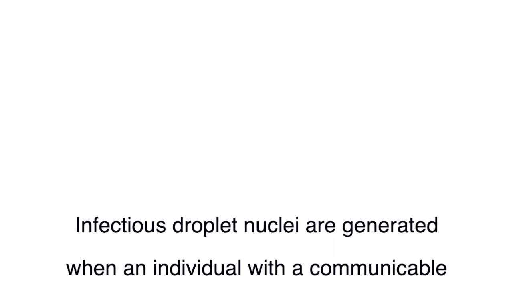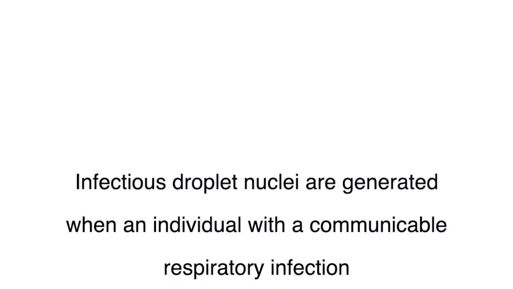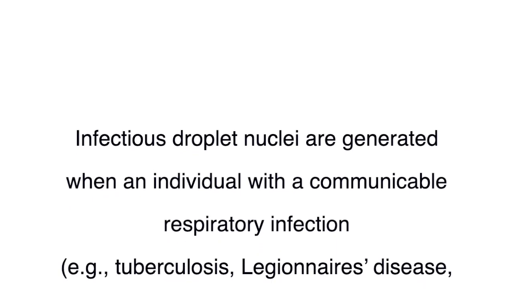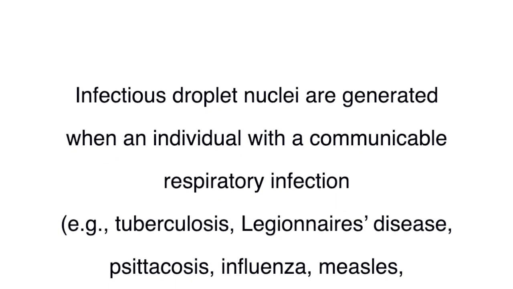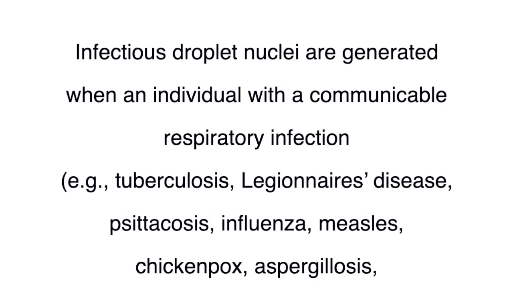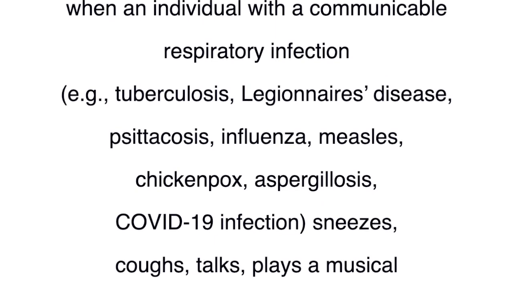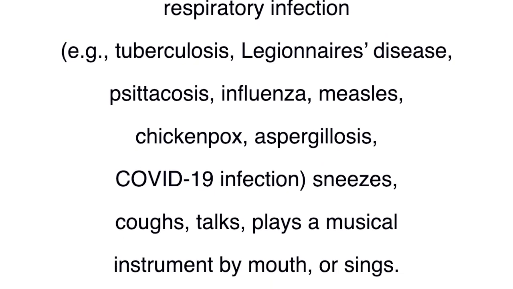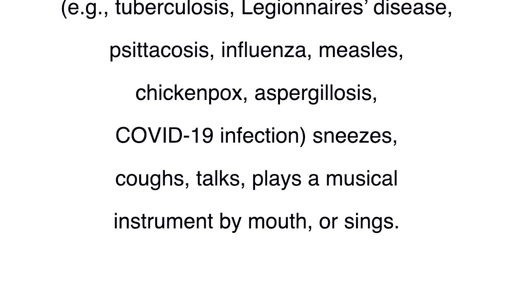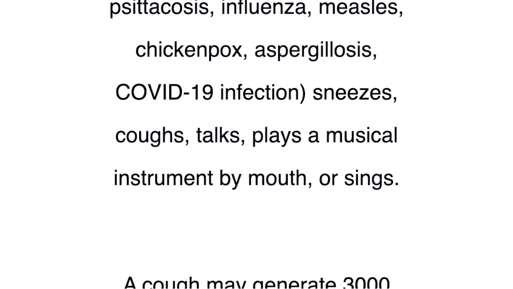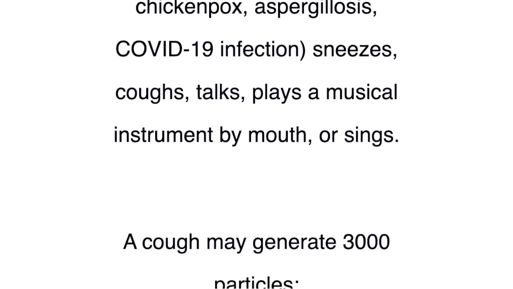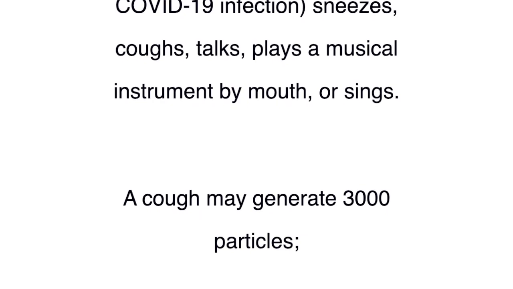Infectious droplet nuclei are generated when an individual with a communicable respiratory infection, for example tuberculosis, Legionnaire's disease, psittacosis, influenza, measles, chickenpox, aspergillosis, COVID-19 infection, sneezes, coughs, talks, plays a musical instrument by mouth, or sings.